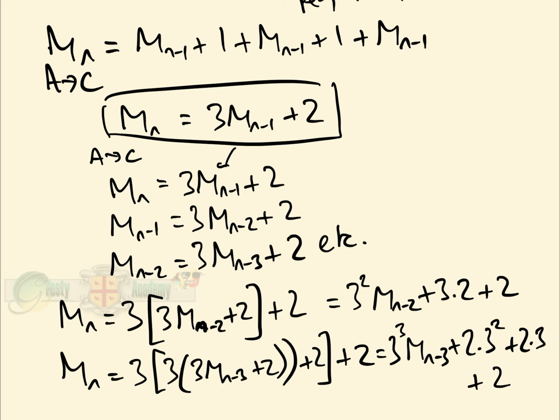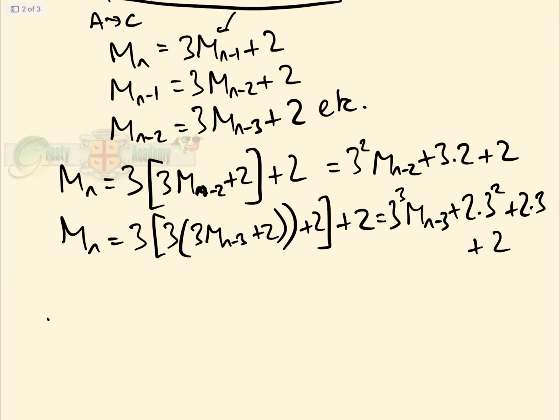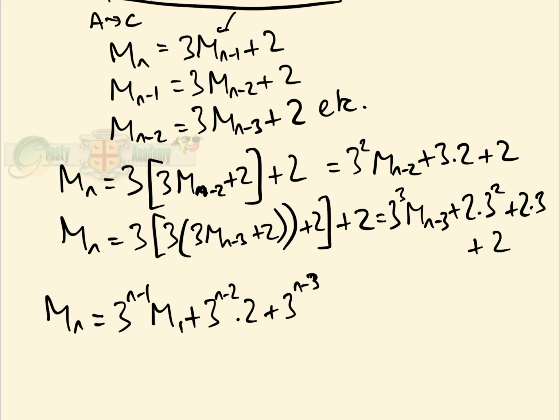So basically we can now see the pattern there. We now know that the pattern is going to be Mn is equal to 3 to the n-1 M1 add 3 to the n-2 times 2 add 3 to the n-3 times 2, and so on, add 3 times 2 add 2. Now we just have to be a bit careful with what M1 is.